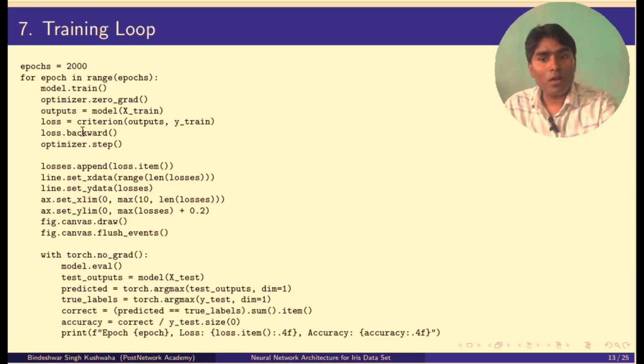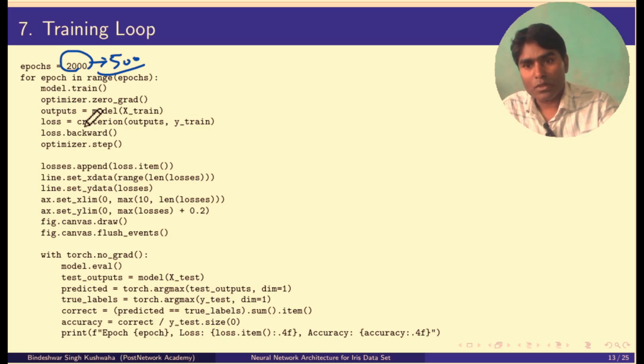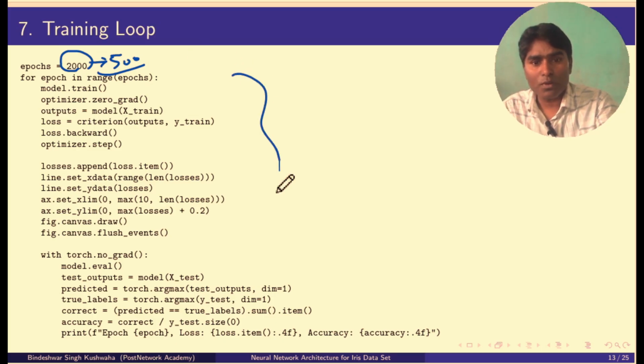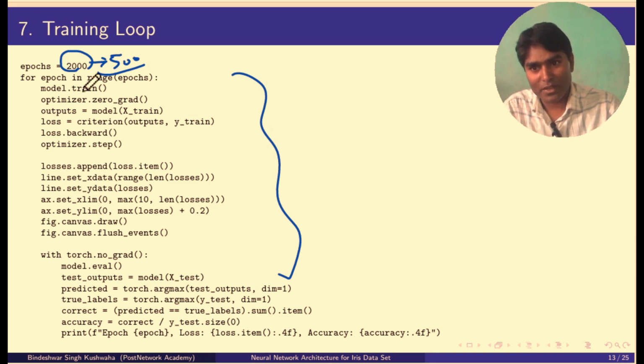Now epoch, basically I have reduced it to 500 in the code. An epoch means at one time you are passing the whole dataset to the neural network. So this is basically the training loop, and we will see that. Finally we will understand how it is working.